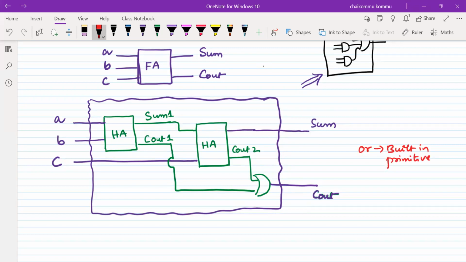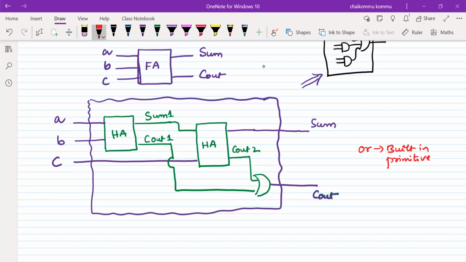But the half adder cannot be identified. So we are treating this half adder as a component. Therefore, we have to define what we mean by a half adder. That's the first thing we have to do.